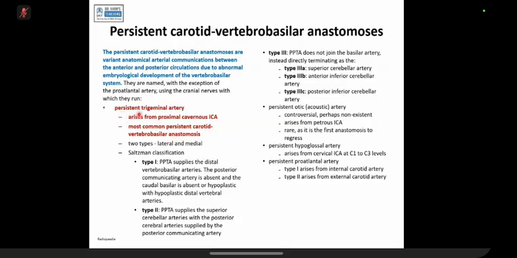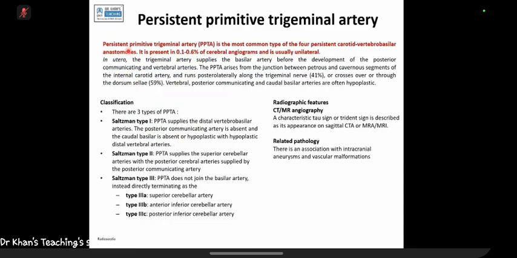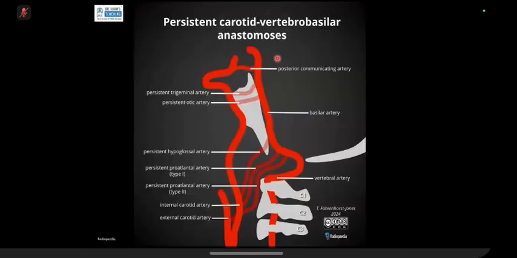But the most common of these is the persistent trigeminal artery, and our case was this. It arises from the proximal cavernous internal carotid artery, and is the most common persistent carotid vertebrobasilar anastomosis. It is seen in 0.5 to 0.6% of cerebral angiograms and is usually unilateral.